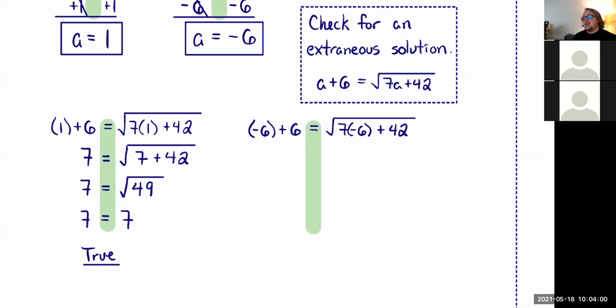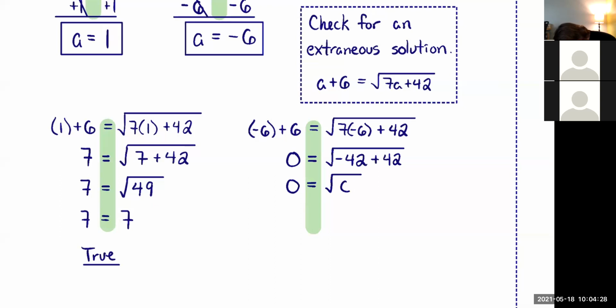On the left-hand side, again, the parentheses really are just saying, hey, there was a replacement here. What's -6 plus 6? 0. On the right-hand side, what's 7 times -6? -42. What's -42 plus 42? 0.